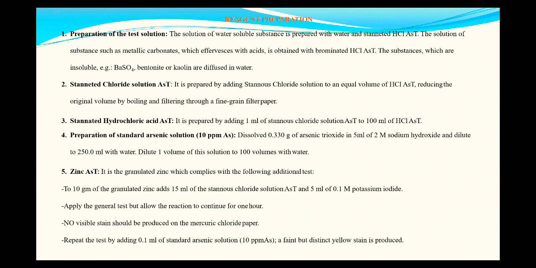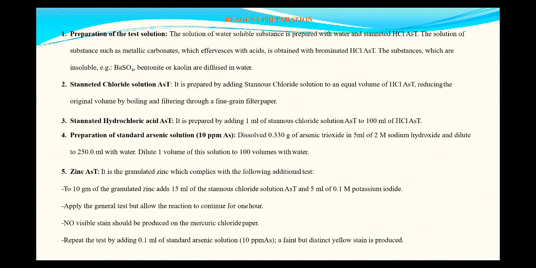It is prepared by adding stannous chloride solution to an equal volume of hydrochloric acid, reducing the original volume by boiling and filtering through a fine grain filter paper. Third solution, stannated hydrochloric acid, that is AsT. It is prepared by adding 1 ml of stannous chloride solution AsT to 100 ml of hydrochloric acid solution.